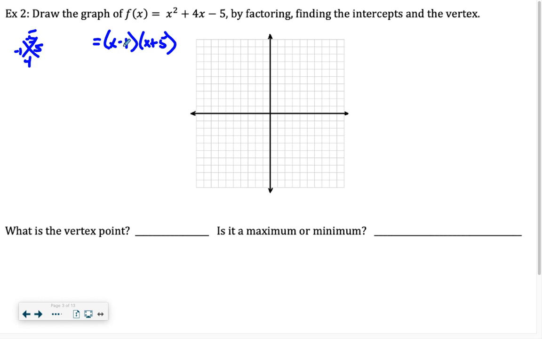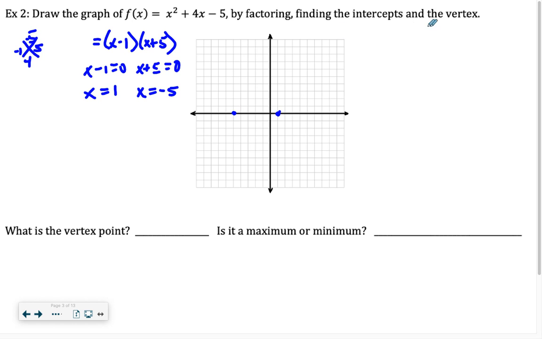Right? So if I set each of those equal to 0, I see that the intercepts are going to be +1 and -5. All right? So +1 and -5 are where this parabola is going to cross the x-axis.